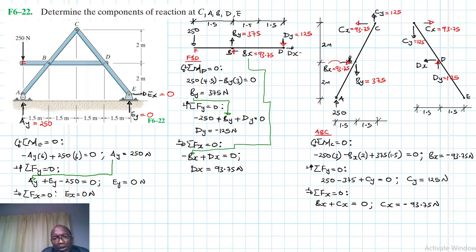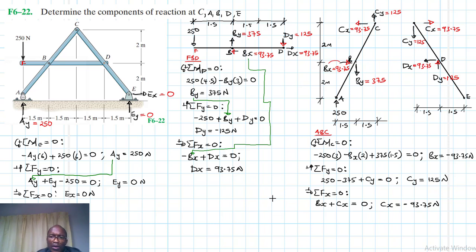Okay, so this one is 93.75, and so is this Dx here, equal to 93.75.